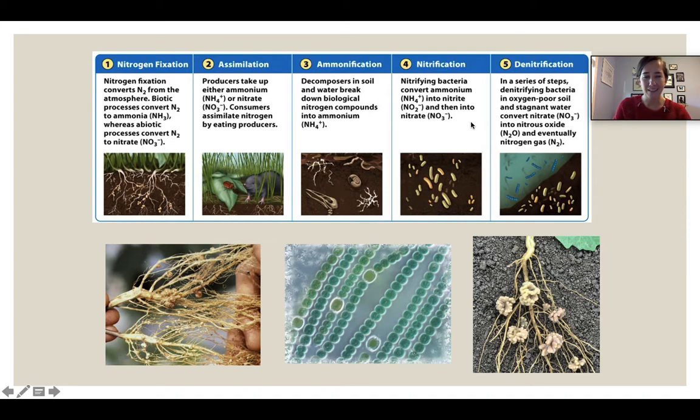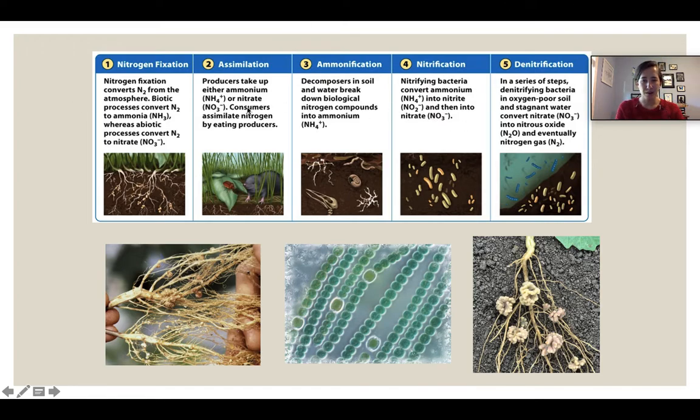We can turn it back into nitrite and then nitrate, and then we can use it again. We can assimilate it. So this is constantly going back and forth in a flow here. We're constantly fixing nitrogen, assimilating it, dying, ammonifying, and nitrifying. So all of these processes are happening constantly in a cycle. They're going back and forth all the time.